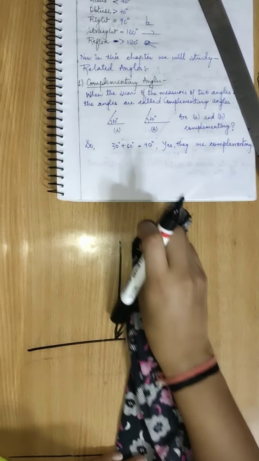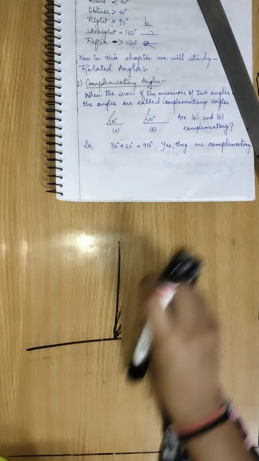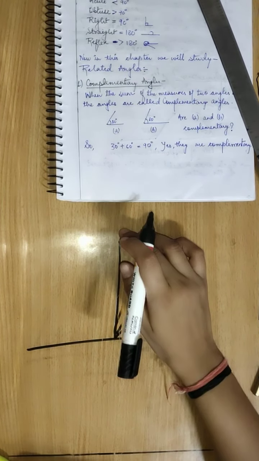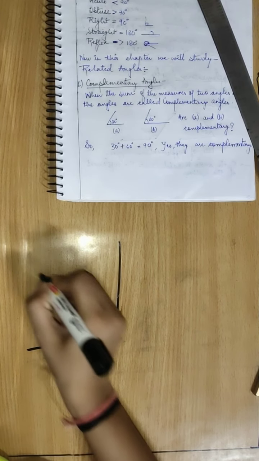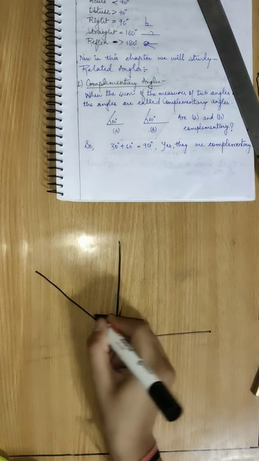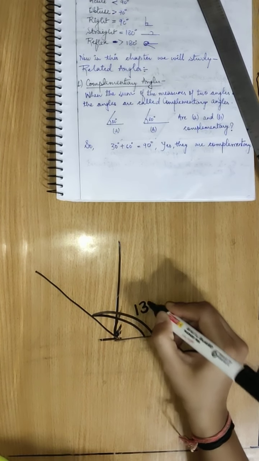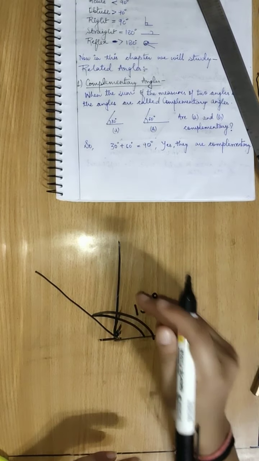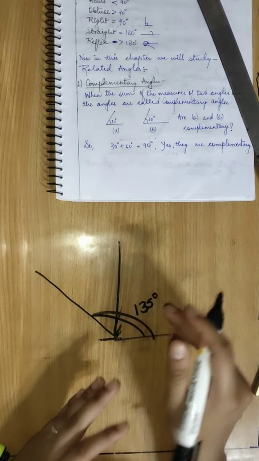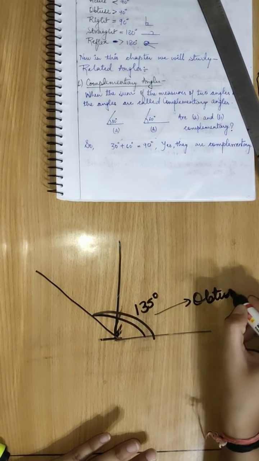When we say the angles above 90 degrees, not 90 degrees itself, for example, this is 135 degrees. So this is greater than 90 degrees, so this will be an obtuse angle. This is known as an obtuse angle.